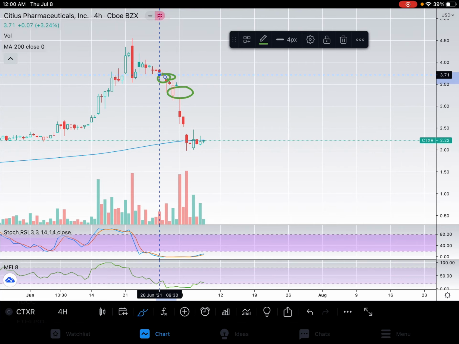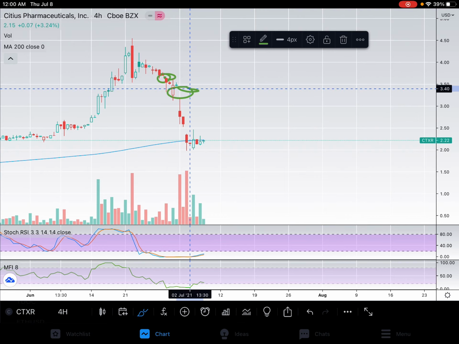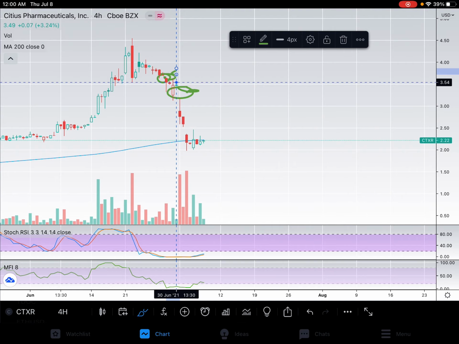So maybe it can catch a bid up here, the 326 level, and then 371. Maybe news will come out of FDA approval, because that's been the overwhelming hype about the stock since we got in January, February.